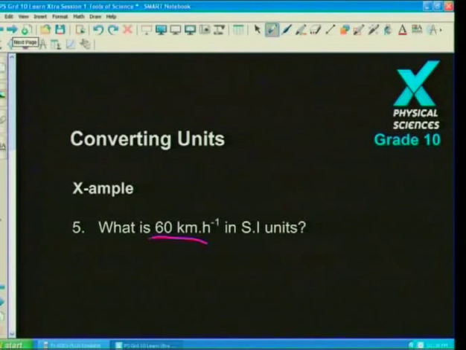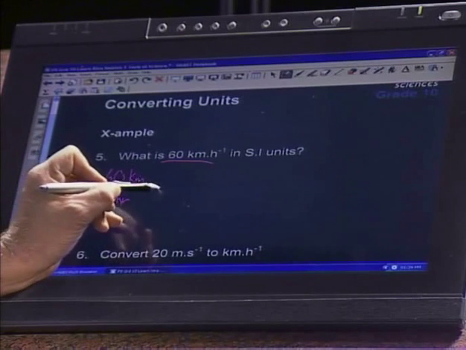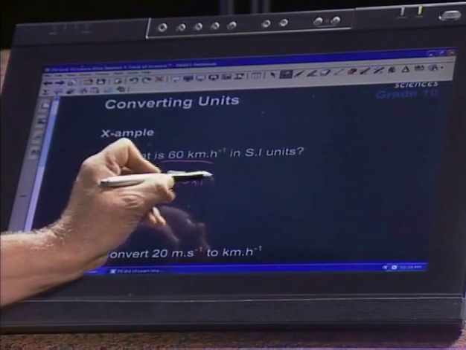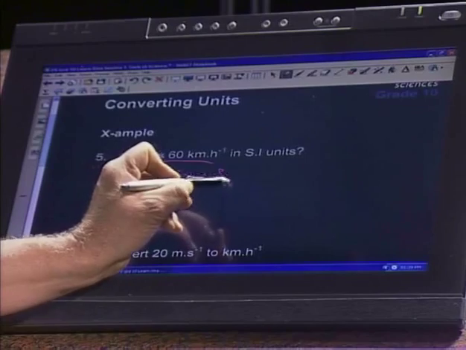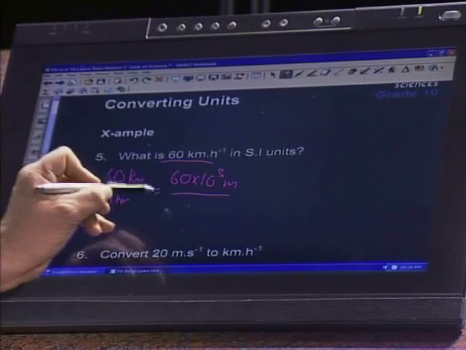Okay. What about this example? What is 60 kilometers an hour in SI units? Think about it. A little bit different to the ones that we've done before. Now, the way that I like to do this when I'm first doing this, I say, well, that's 60 kilometers in 1 hour. And I must change 60 kilometers into meters. So kilo means that it's times 10 to the 3 meters. And hours, well, I want to change from hours to seconds.